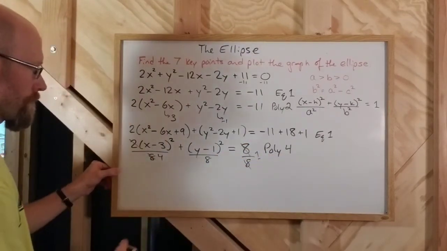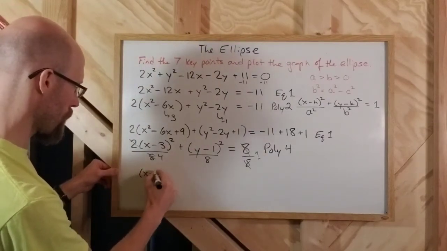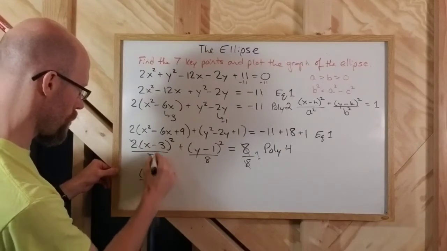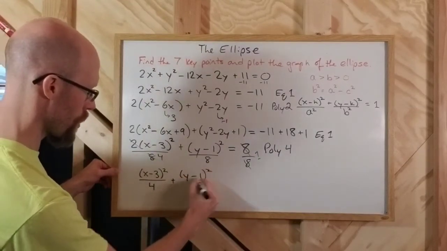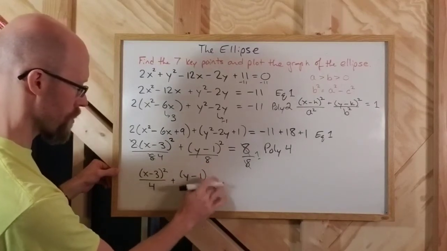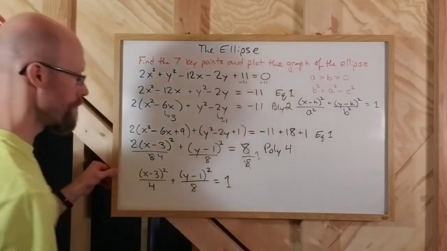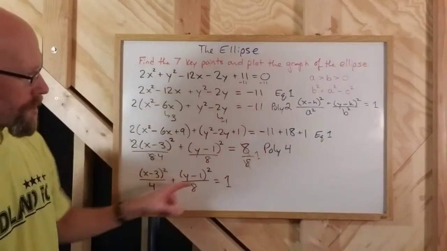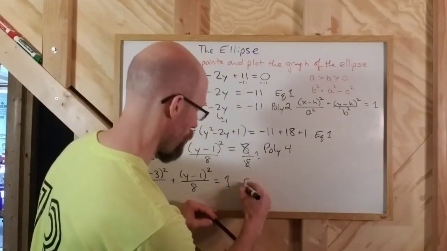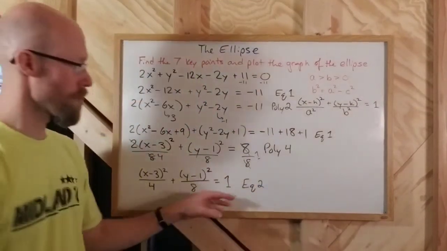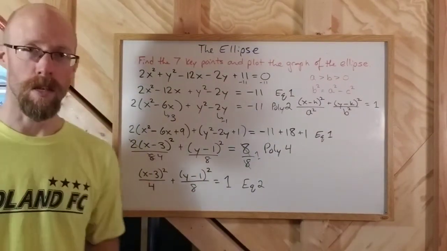And so my final form is going to be x minus 3 squared all over 4 plus y minus 1 squared all over 8 is equal to 1. Now, the step that I just did there, I divided both sides by the same amount, so that would be your property EQ2. That's the multiplication or division principle of equality, dividing both sides by the same amount.